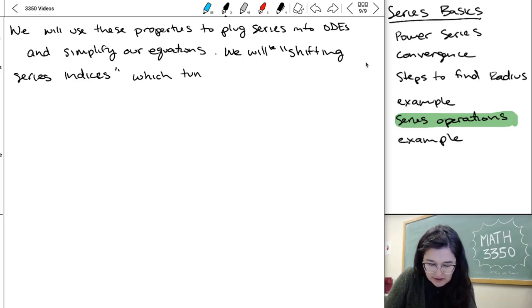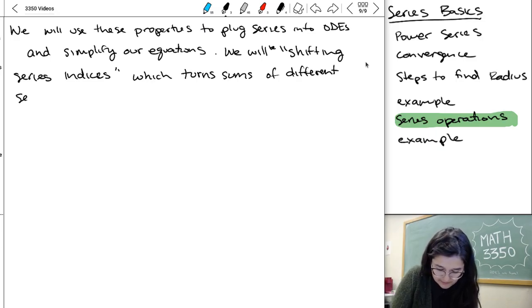Which is going to let us turn sums and differences of series into a single series.